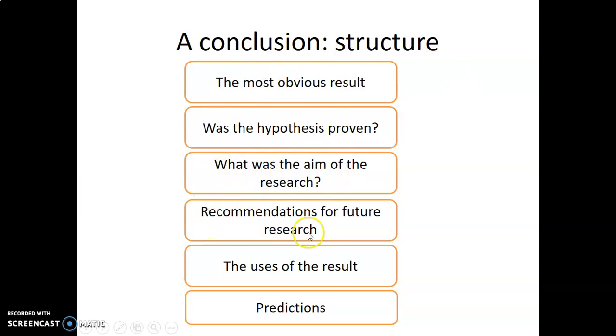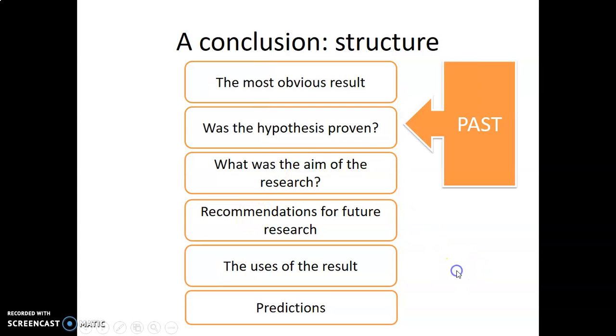And then you move on to the biggest part of the conclusion, which is recommendations for future research, the uses of the result, some advice and recommendations for those people who can use these results and this information, and also predictions for the future. It's very similar to what you did in your graph description part.